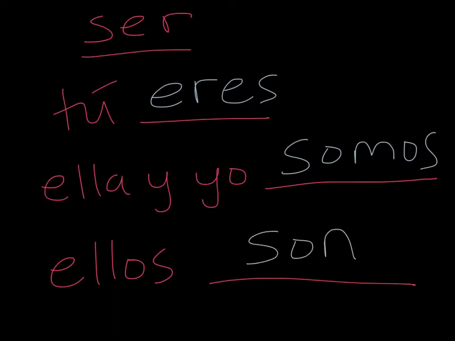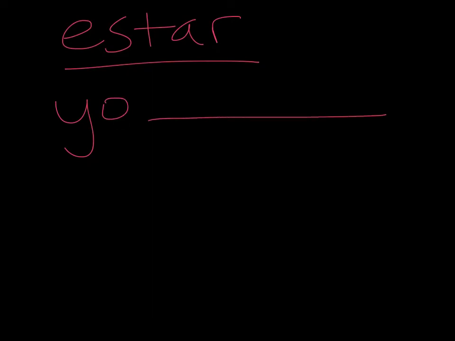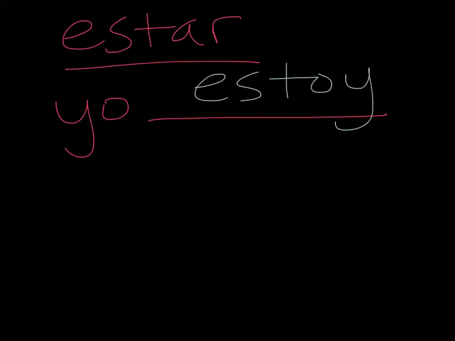Excelente. Ahora vamos a practicar con el verbo estar. Ok, muy bien. So si tengo el verbo estar, and my subject here is yo, how would I conjugate the verb estar? Muy bien. Tenemos yo estoy.